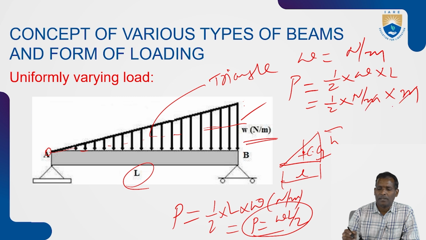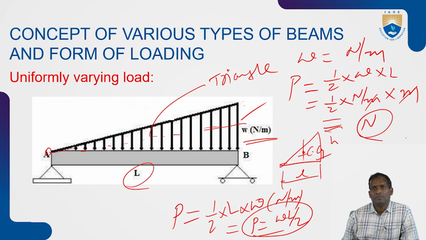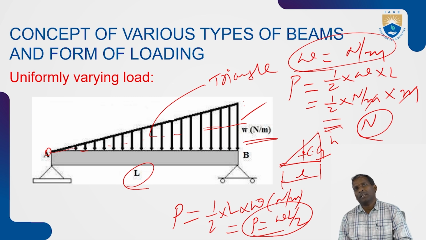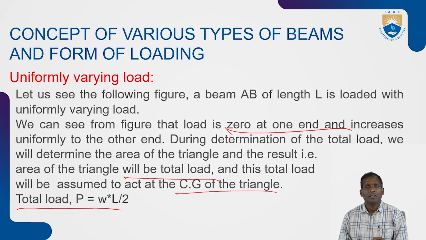So meter gets cancelled here and the units are in newtons. So this distributed load is converted into a point load. Like this, you need to calculate various loads while solving problems of shear force and bending moment.